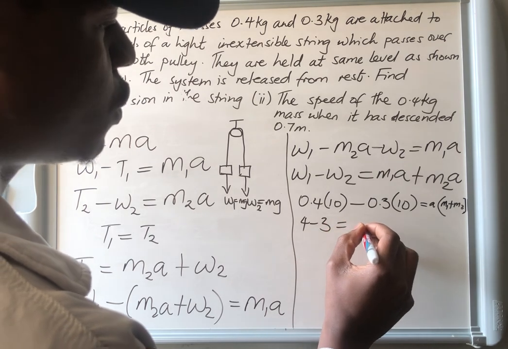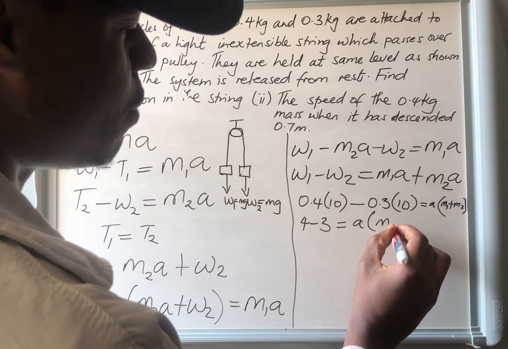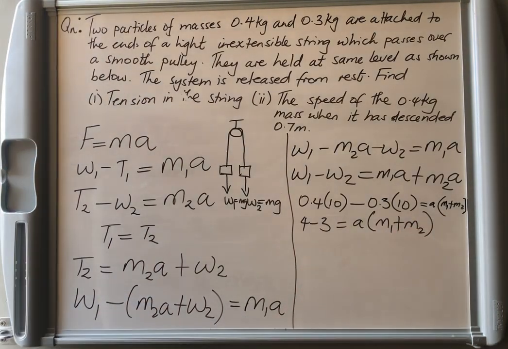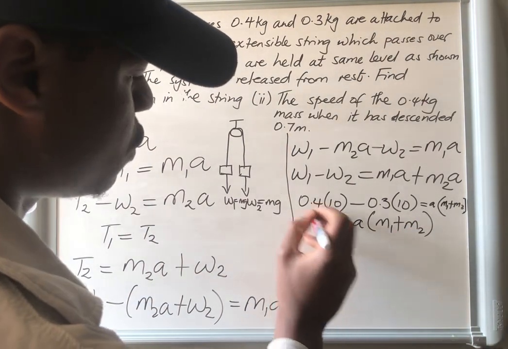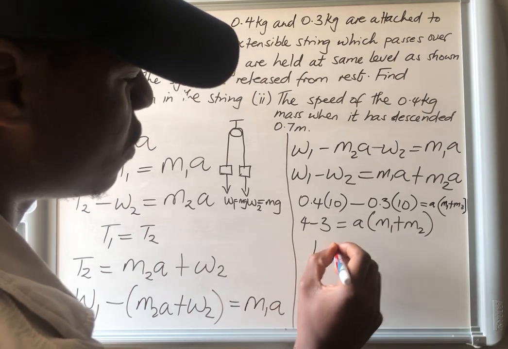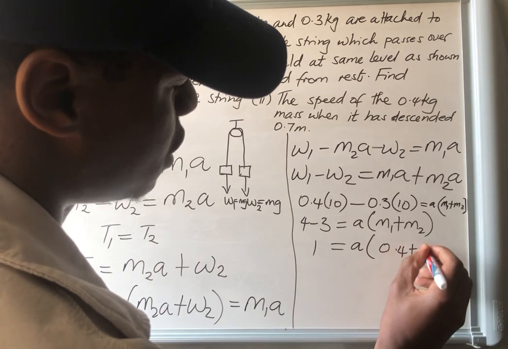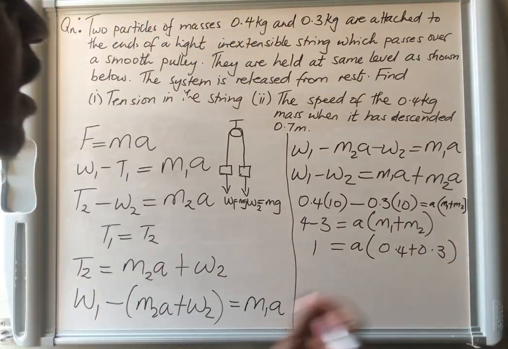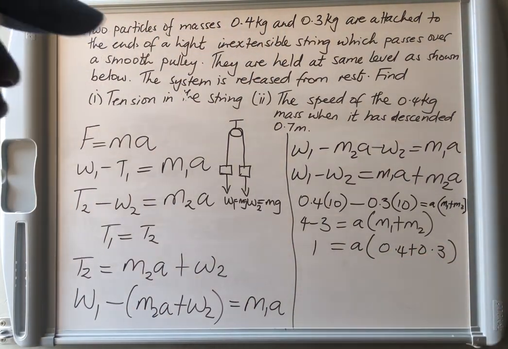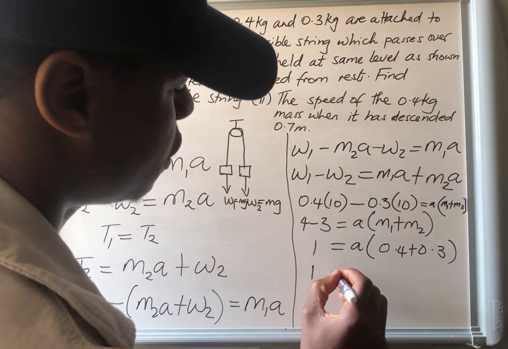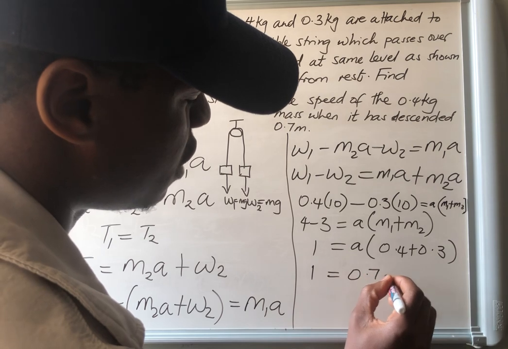This is going to be equal to a bracket m1 plus m2. But again, we have m1 and m2. So just to simplify here, I will have 1. 4 minus 3, that's 1, is equal to a m1, that's 0.4 plus 0.3. So if I punch that, I will have 0.7, right? So 1 will be equal to 0.7 a.